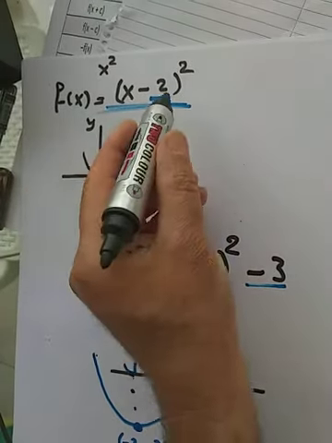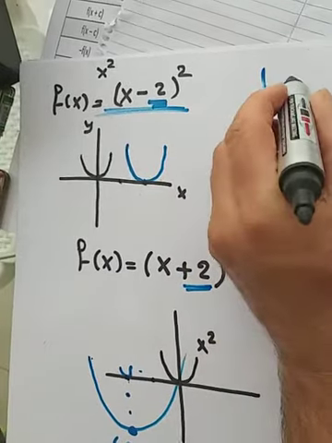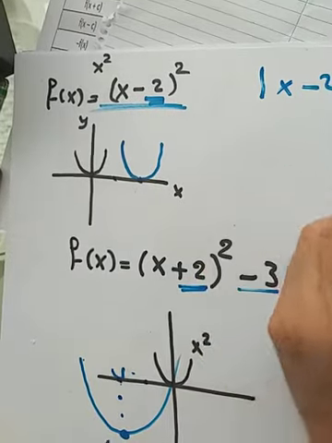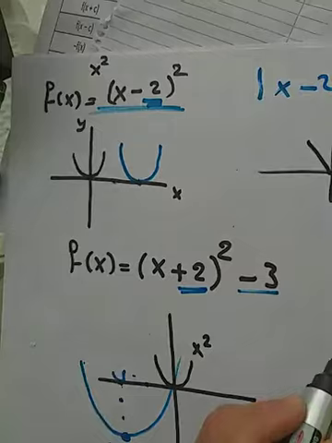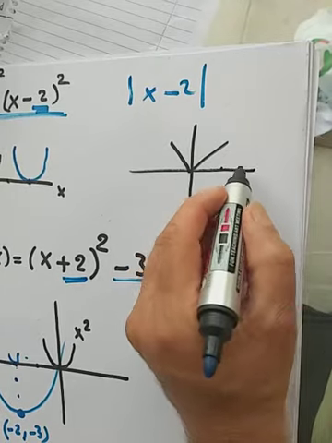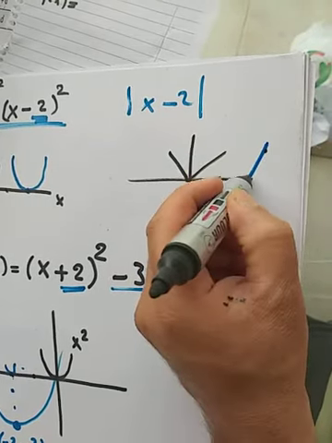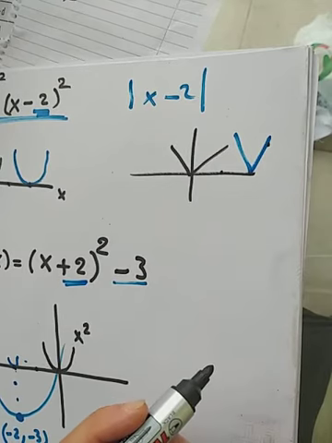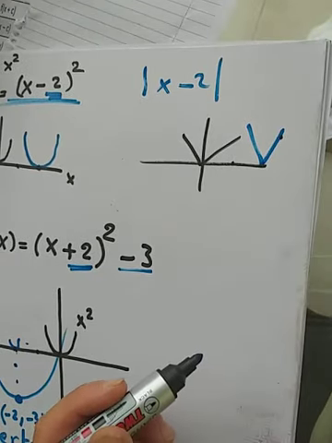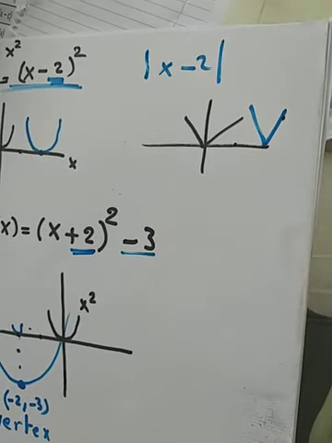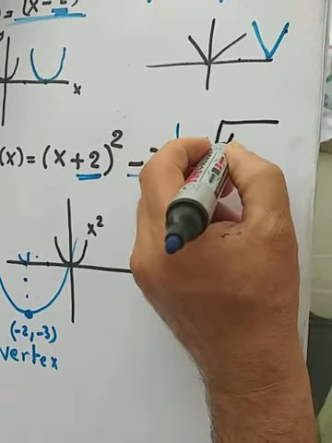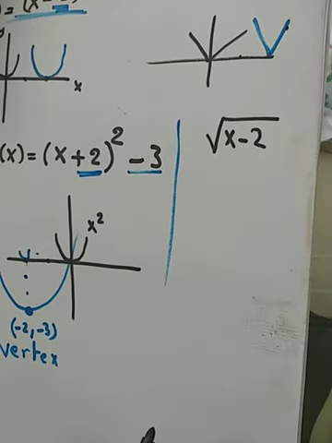Same example, but I will change the parent function to the absolute value of x minus 2. As you know, if you see absolute value, it is a V shape, this one. 2 units to the right, 1, 2. Okay, x minus 2, we go right 2 units, and we have the absolute value. This is the graph of absolute value. If we have the graph of square root of x minus 2, this is a radical.